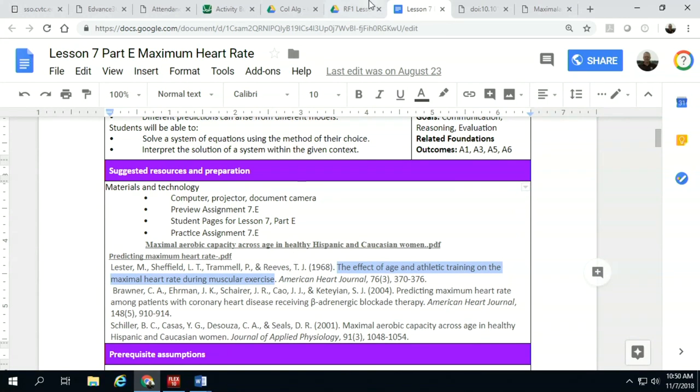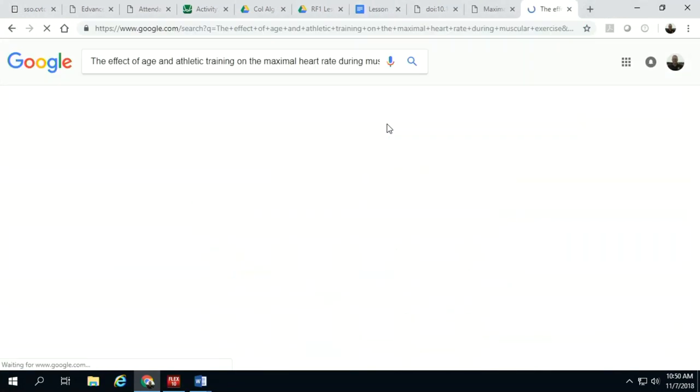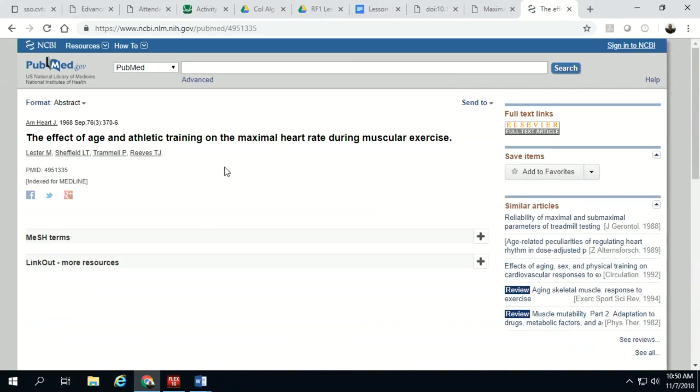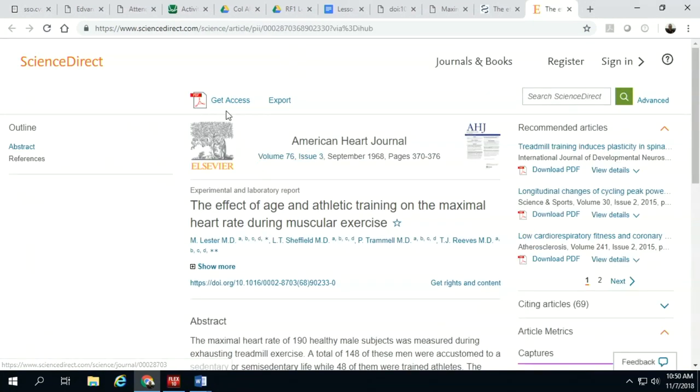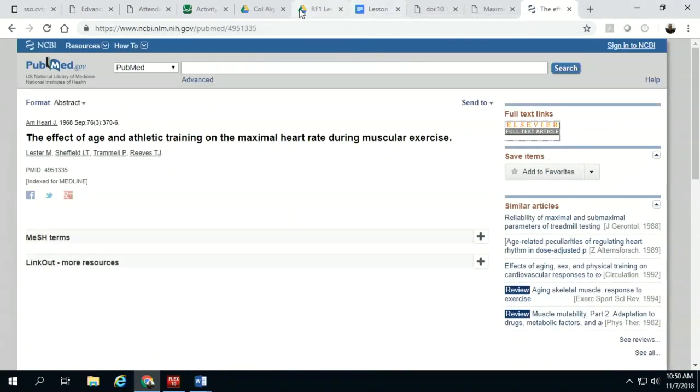Let's try this. Nope, that's not it. I've got it someplace. Now I just have to remember where that someplace is.